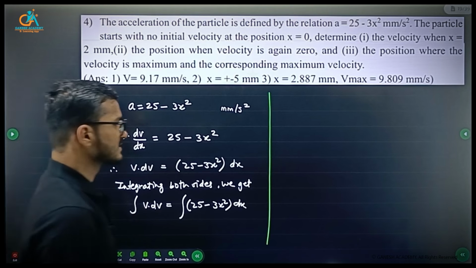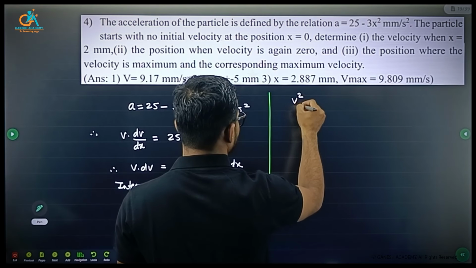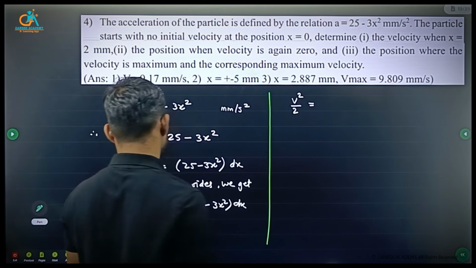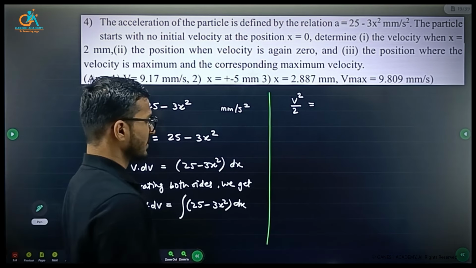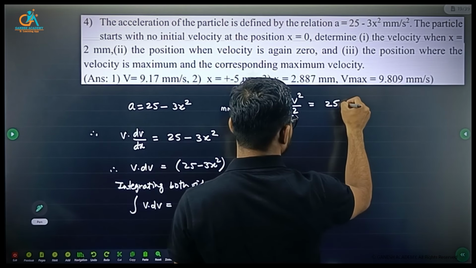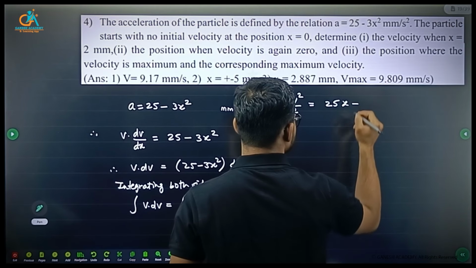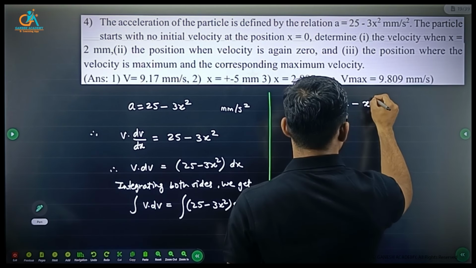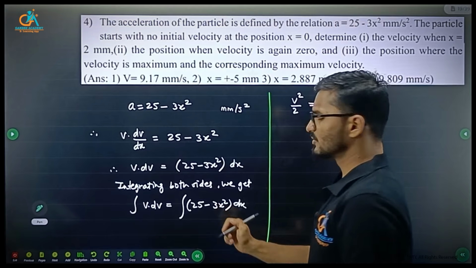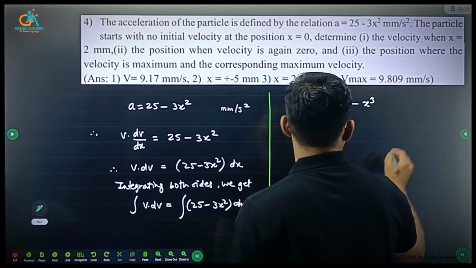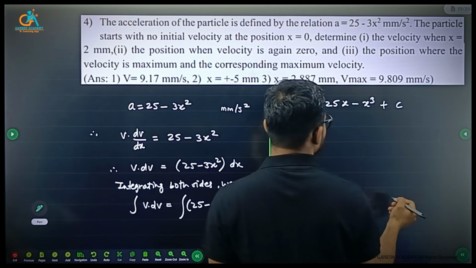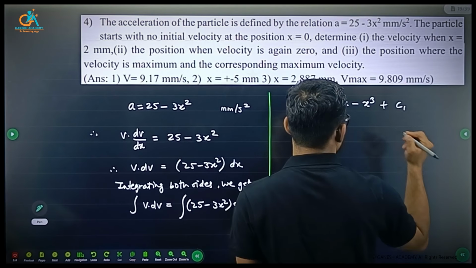So the integration of this is v square by 2, then 25 into x minus x cube by 3 into 3 will get cancelled, and plus constant of integration c1, let's say.